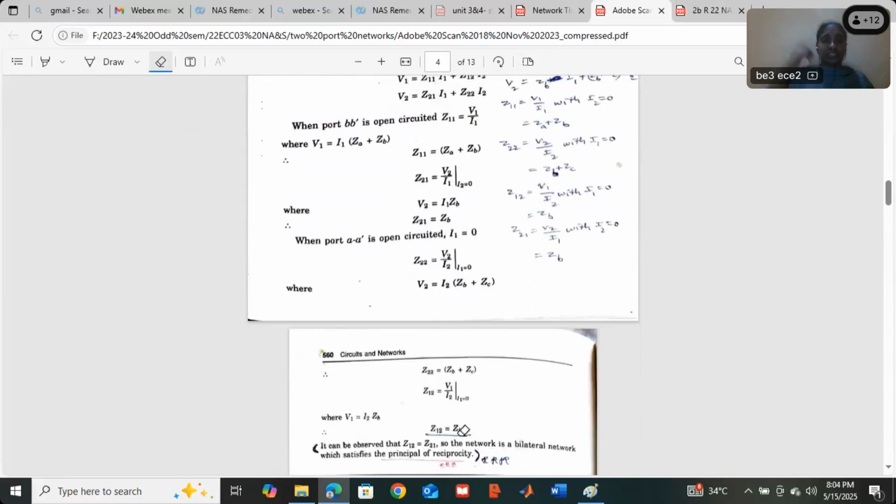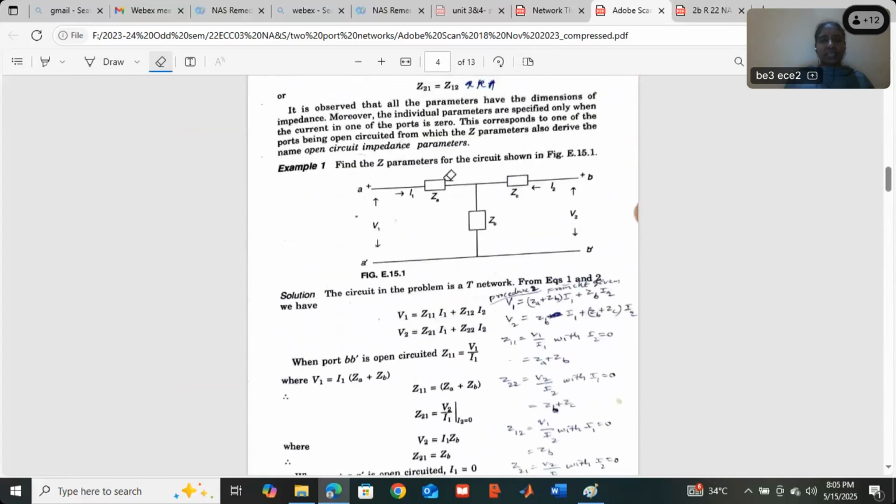The minus is not here; it is in the Y parameter, for the pi network. In the T network for Z parameter, all the four Z values in the equation can be calculated easily when a T network comes.